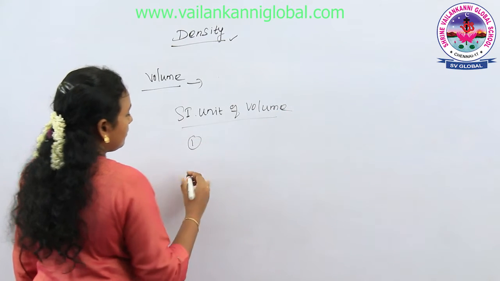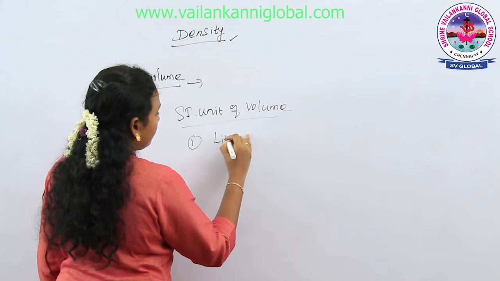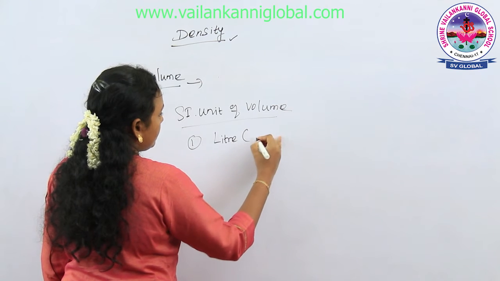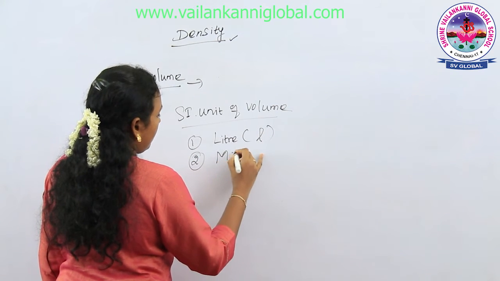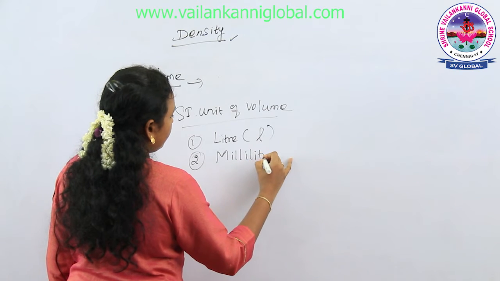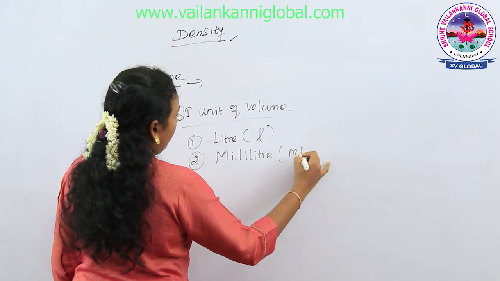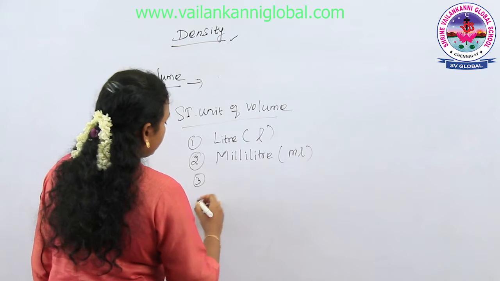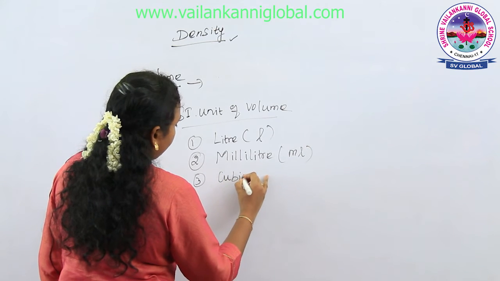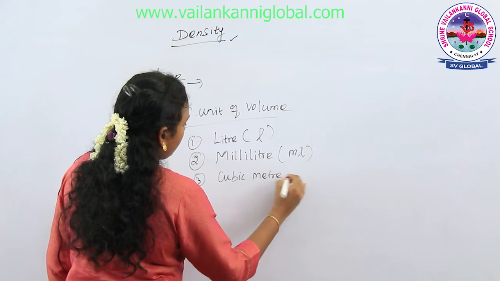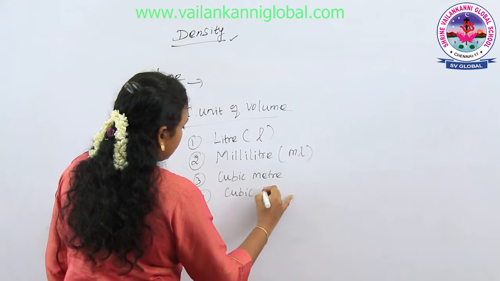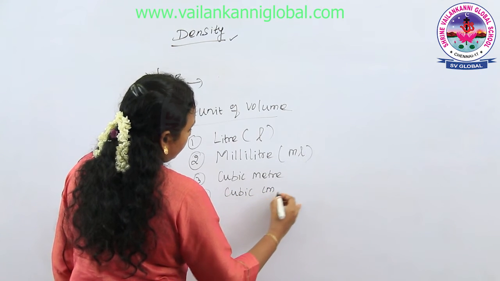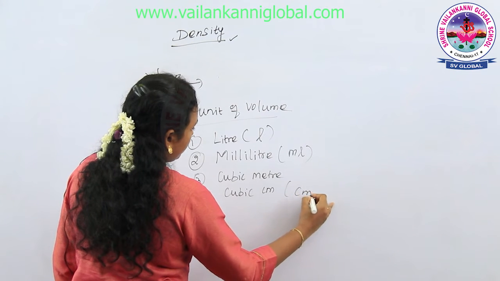first one is liter, which we can represent as L. The second one is milliliter, ml. The third one is cubic meter, which we write as meter cube. The fourth one is cubic centimeter or centimeter cube.